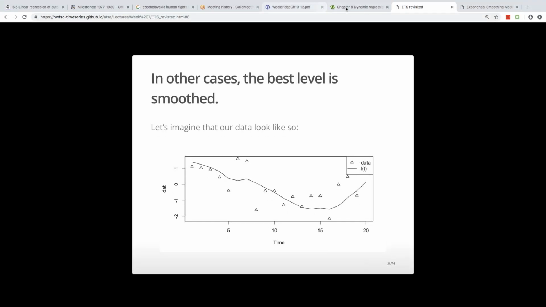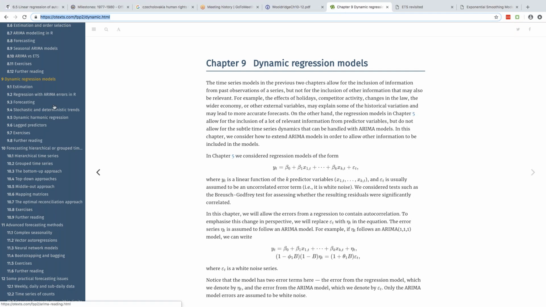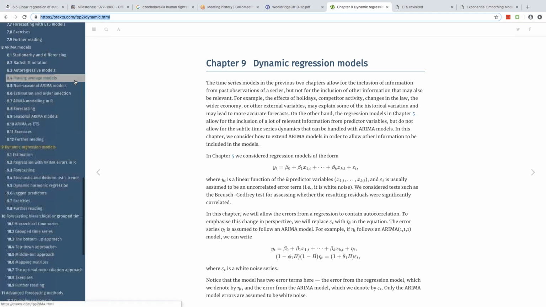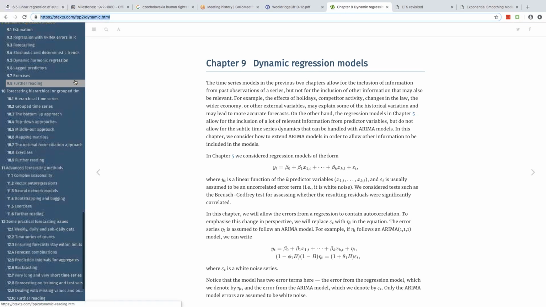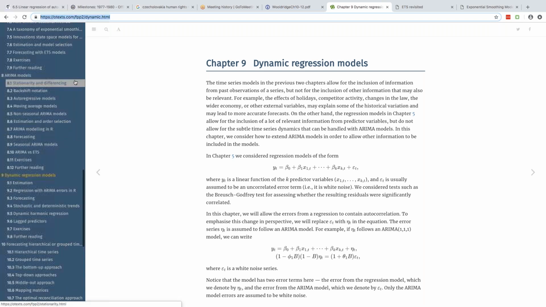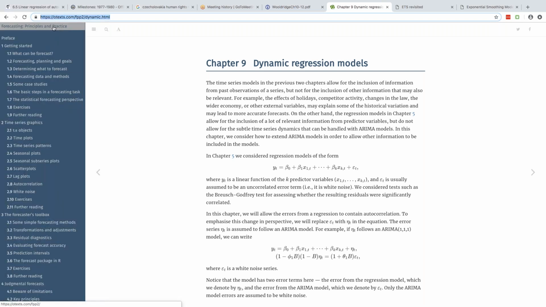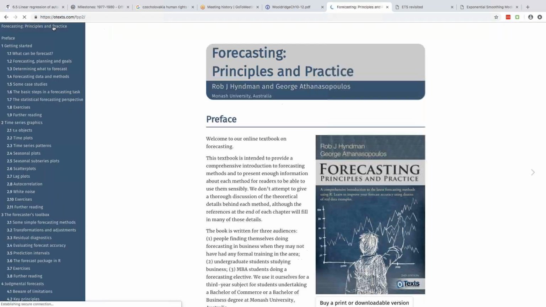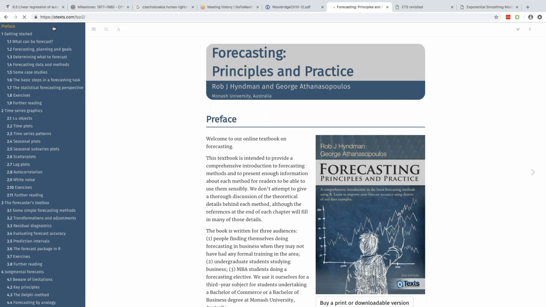If you go, so I put this on the reading, you can read all about these exponential smoothing models. I'm here in this book, Hyndman and Athanasopoulos.